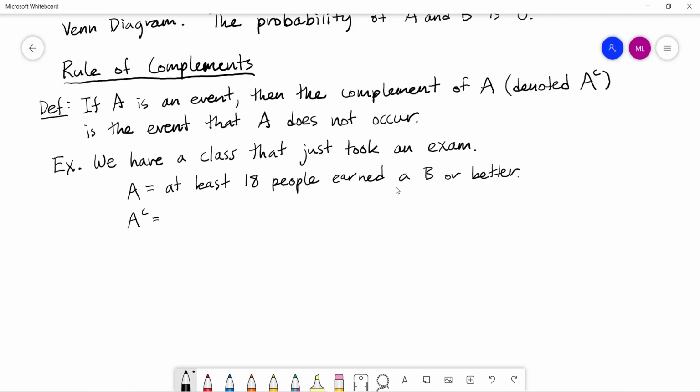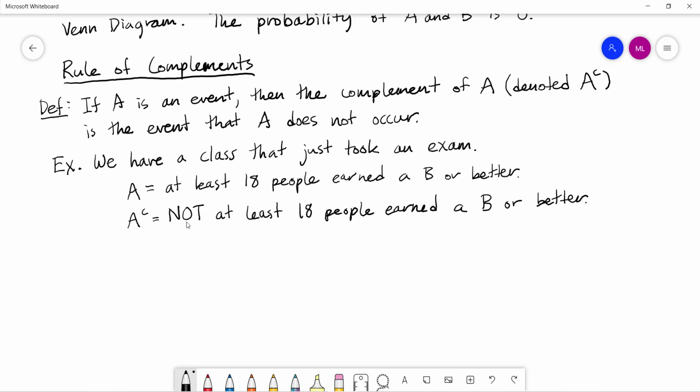How would we phrase a complement? It would be the event that, and this is a way to cheat it, just throw a word not in here at the beginning. So not at least 18 people earned a B or better.